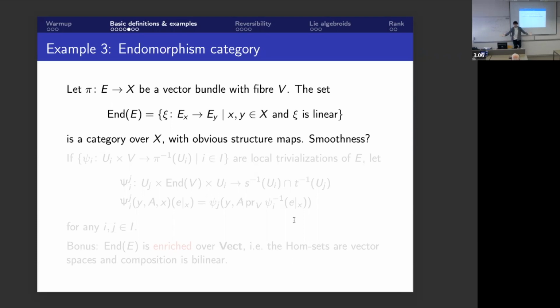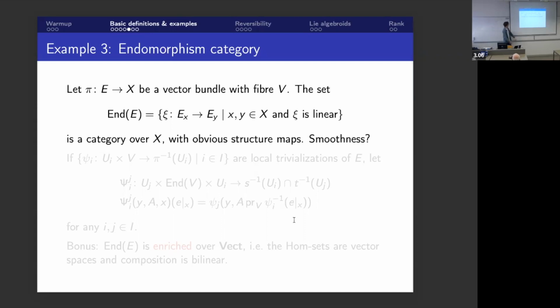Just put all of these linear maps between fibers in a bag and call it a set, obviously. It's a disjoint union of vector spaces even, and we call this guy NE, and this is a category over X with obvious structure maps.